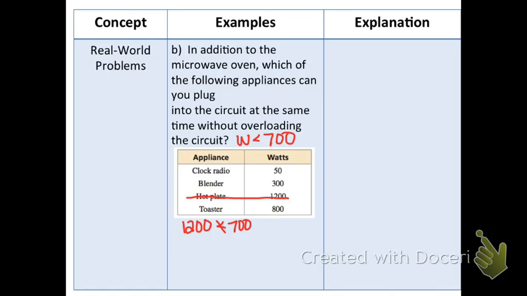I also know that the toaster, because that's 800, and 800 isn't less than 700, it's larger than 700. So what I'm left with is the clock radio and the blender. And I can actually plug those in at the same time because the combined total wattage gives me 350 watts.